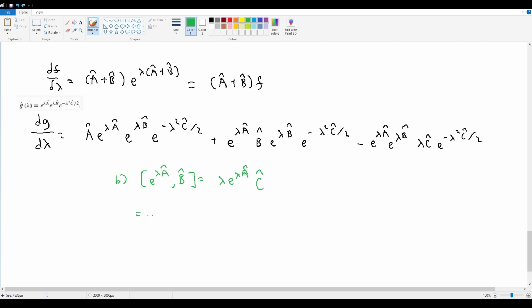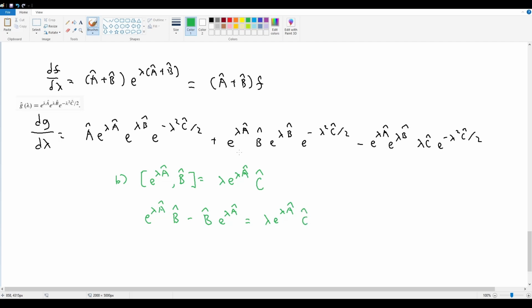So if we write this out fully, what this is saying is, e to the lambda a hat acting on b hat minus b hat acting on e to the lambda a hat is going to equal lambda e to the lambda a hat c hat.